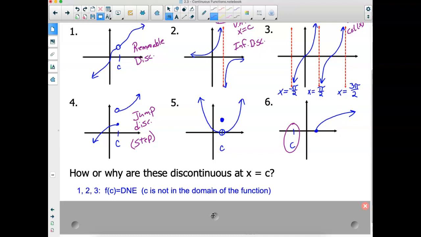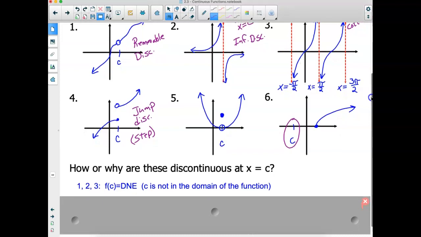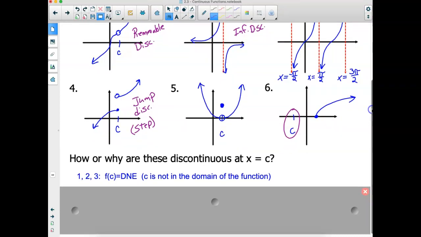Okay, c is not in the domain of the function. Notice c, I have vertical asymptotes in 3, a vertical asymptote in 2, and a hole in 1, a removable discontinuity. We're going to learn probably tomorrow that we're going to be able to fill that hole and make it potentially continuous. And actually, you've done that in Algebra 2 and Pre-Calc already.